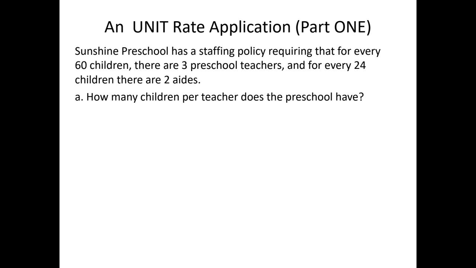Sunshine Preschool has a staffing policy requiring that for every 60 children, there are 3 preschool teachers, and for every 24 children, there are 2 aides. Now, if you've ever or will work in human resources, these are things you've got to figure out. You're working for a company. You've got to have staffing, and staffing is what this problem is representing.